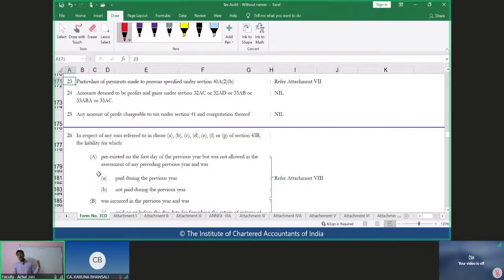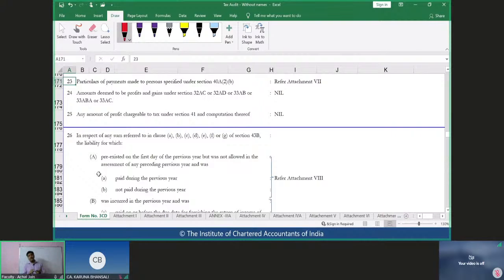Similar to what the accounting standards require, income tax also has a provision about the specified persons, many of whom will also match with the criteria of related parties, what we see in case of accounting standards or what we see in case of the Companies Act.